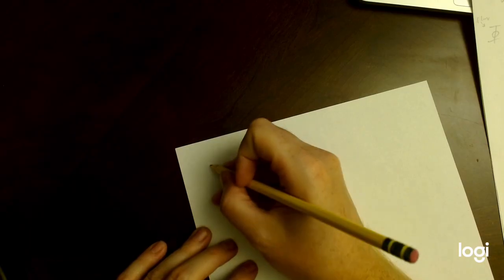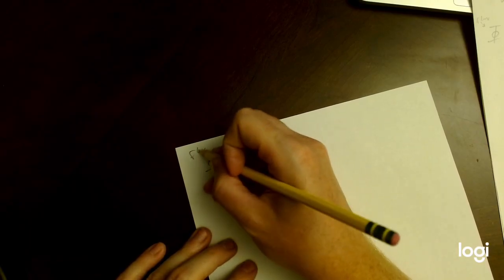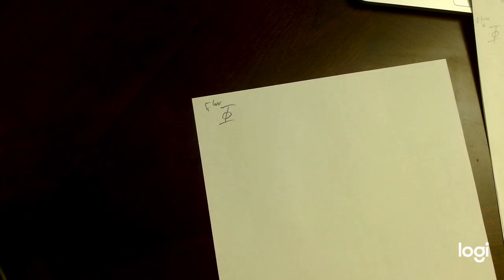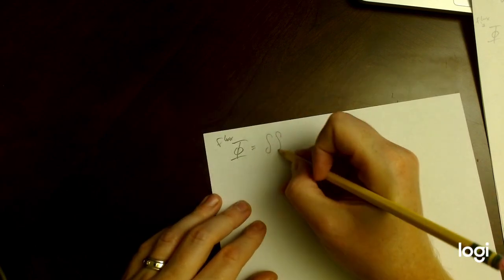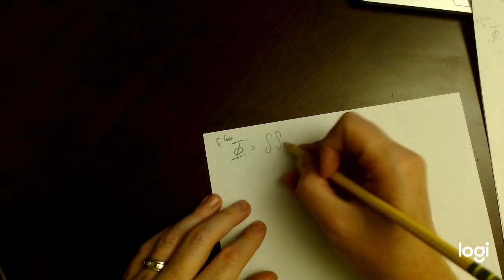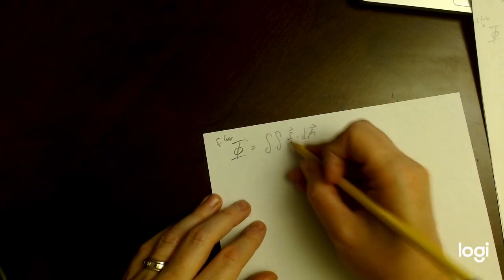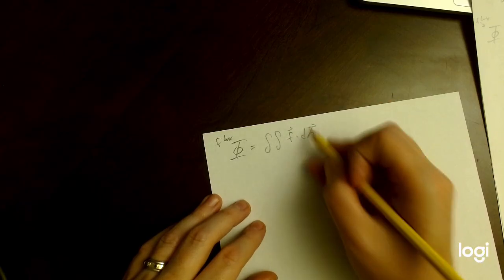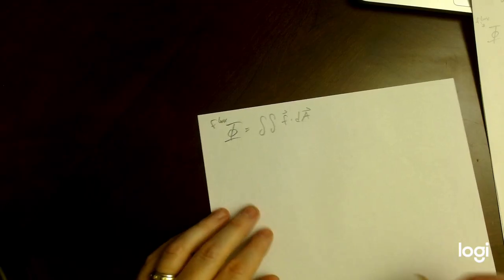And let's see here. So our surface integrals, and so sometimes we'll define flux as like a capital phi, and that will be this surface integral, a 2D integral of the vector field F dotted with some area vector dA.